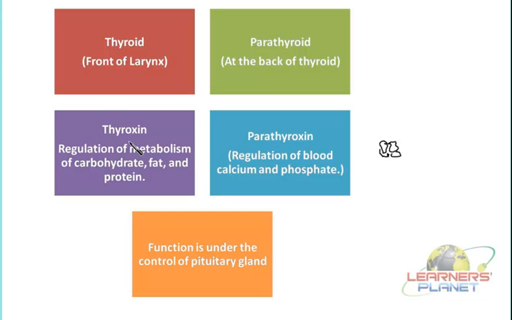That activation or stimulation is performed by a hormone secreted by the pituitary gland, normally known as TSH, that is thyroid stimulating hormone. This stimulating hormone secreted by the pituitary gland will activate the thyroid gland, and thus thyroxine would be released. So in the absence of that stimulating hormone, thyroxine could not be released, isn't it?